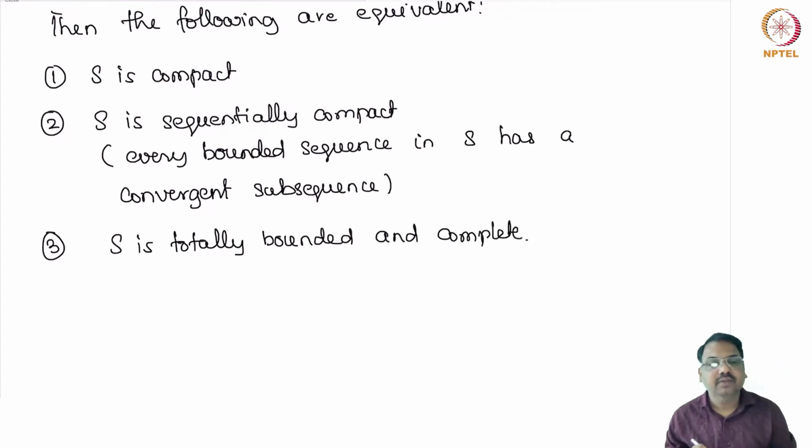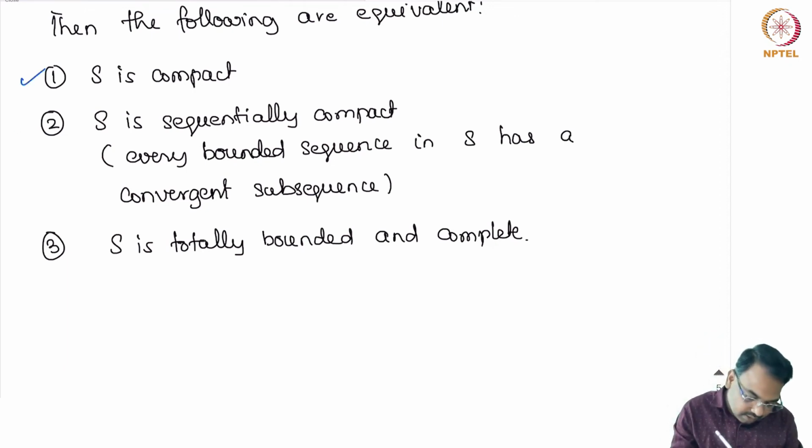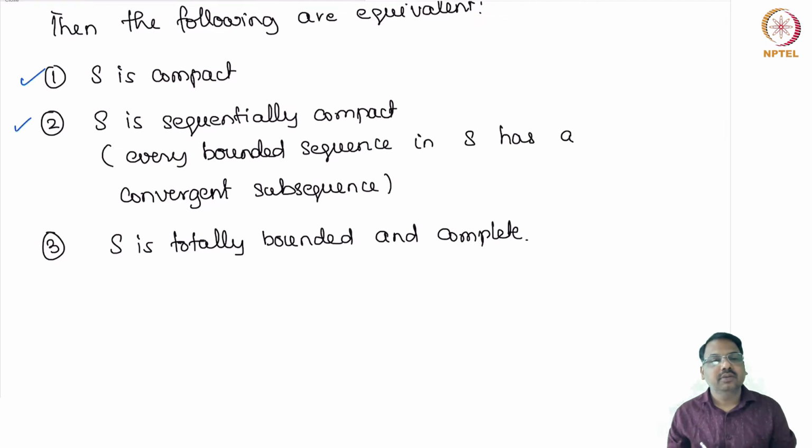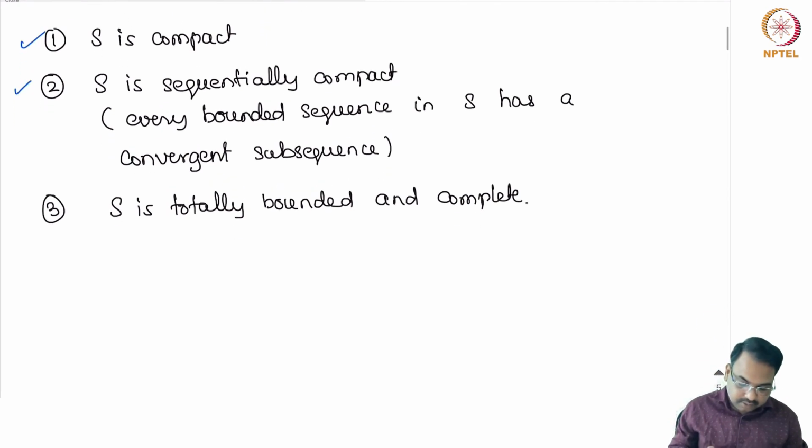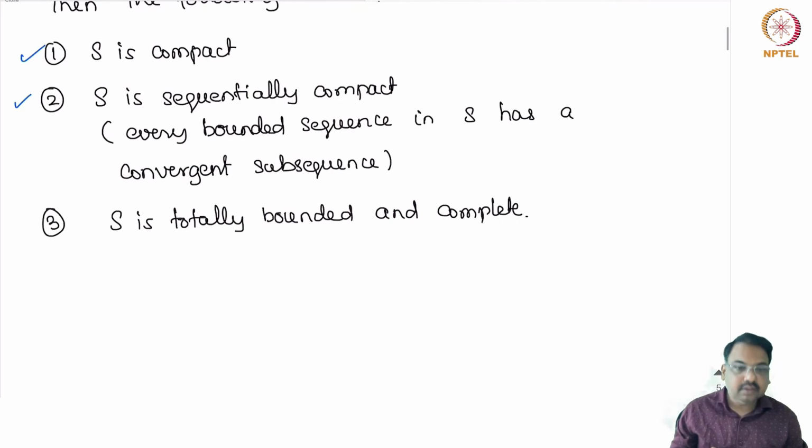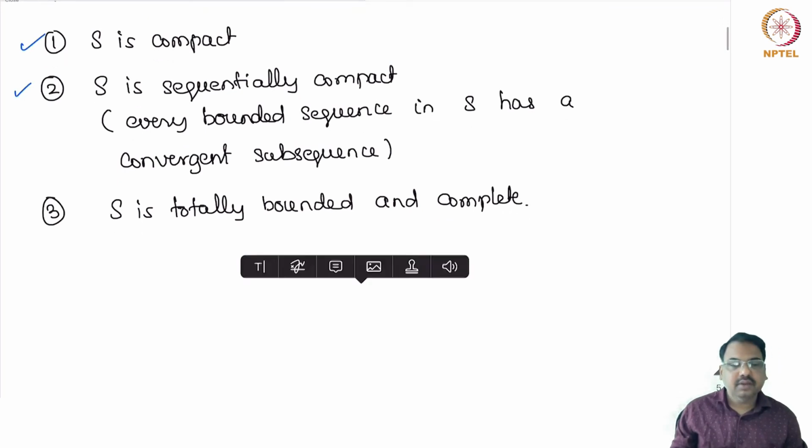In most of the cases, we are going to use only the equivalence of 1 and 2. That means we are going to express compactness in terms of sequences. So we will not be using the third condition. Okay, so now we want to show that T1 plus T2 is compact.